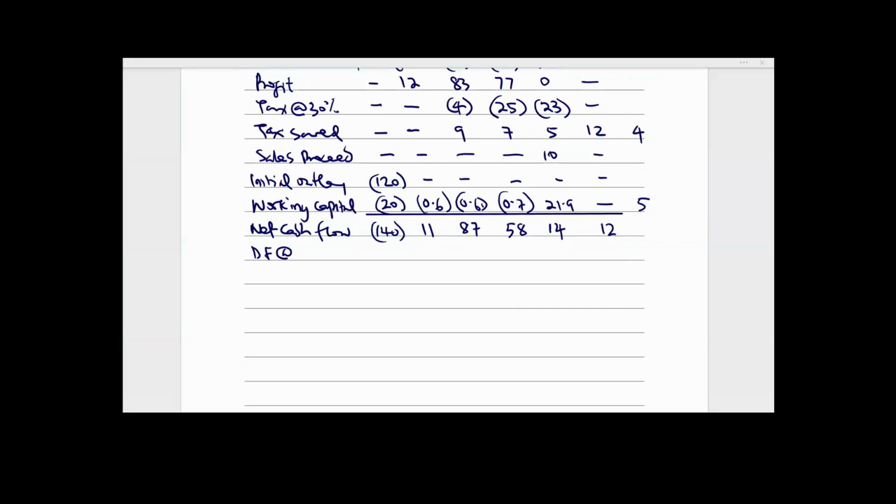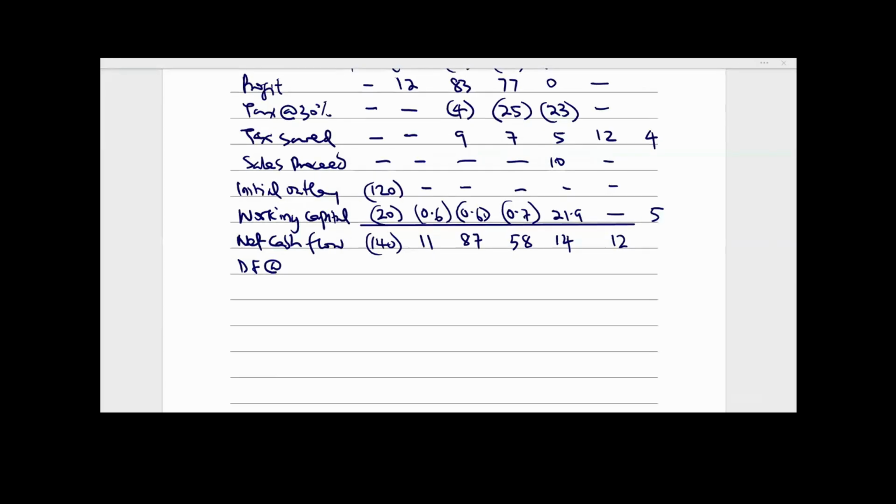In the last paragraph of the question, the examiner told you that Washington PSC has a real cost of capital of 7.8%. Because the cash flows you have calculated are money cash flows, you cannot use real cost of capital to discount money cash flow. So you need to convert the real cost of capital to money cost of capital using the Fisher effect formula. So let's go and calculate money cost of capital.